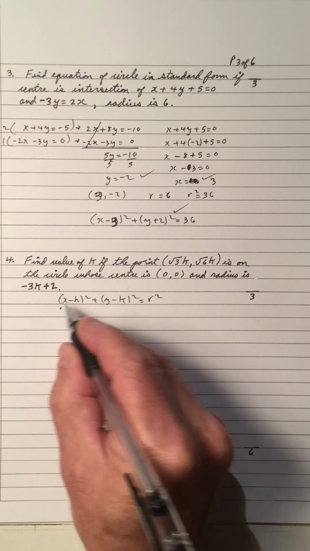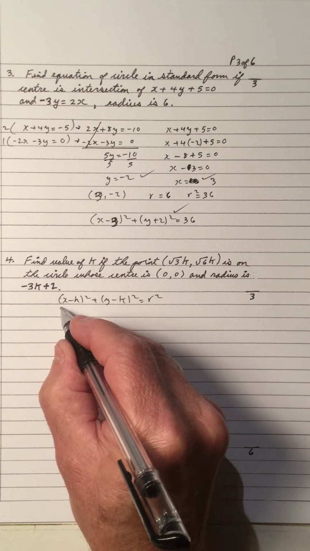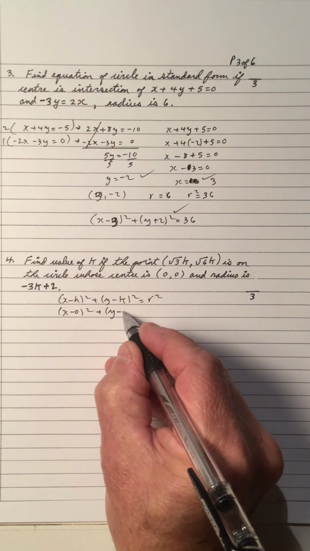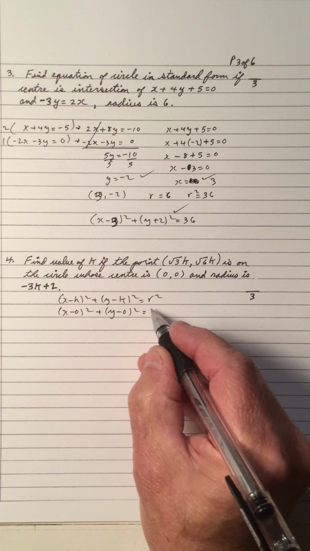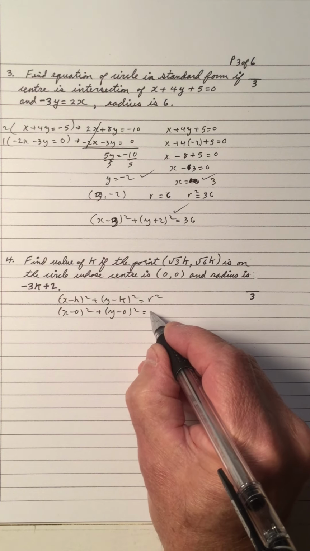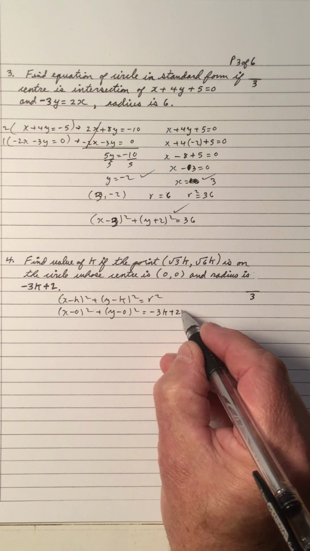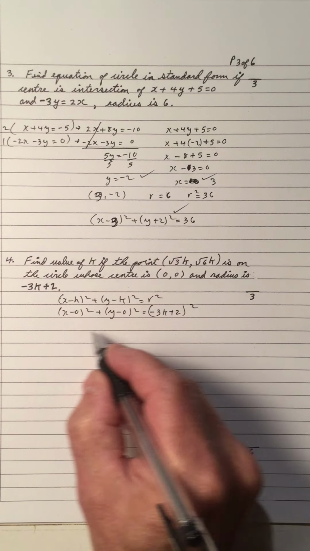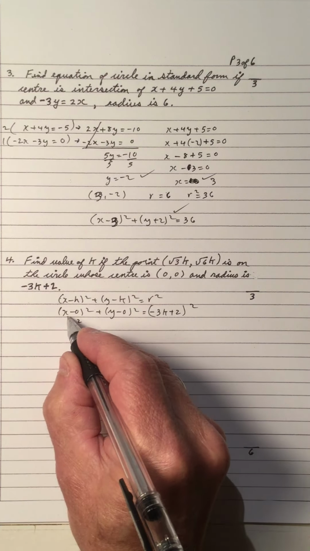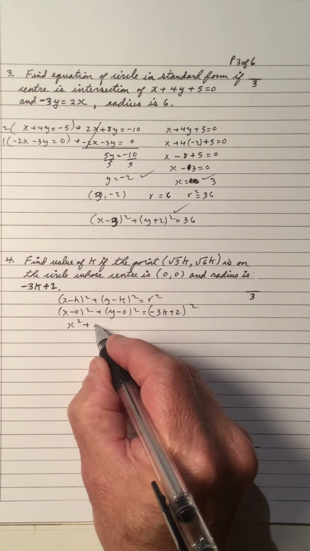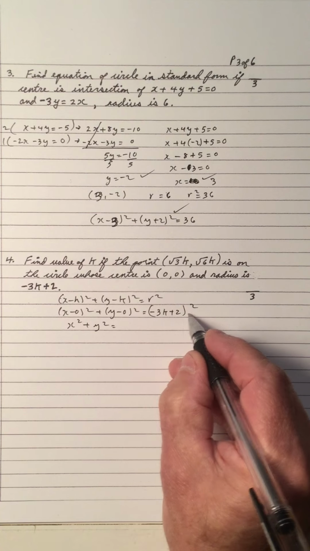So the center is 0, 0. So that's x minus 0 squared, y minus 0 squared equals the radius squared, which is negative 3k plus 2 squared. So that becomes x squared, y squared, and we have to square this out.